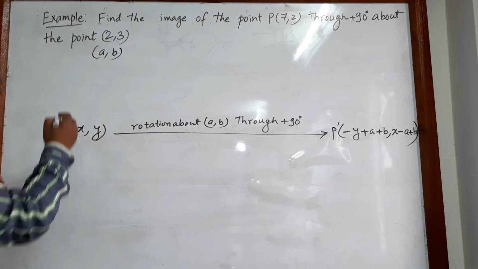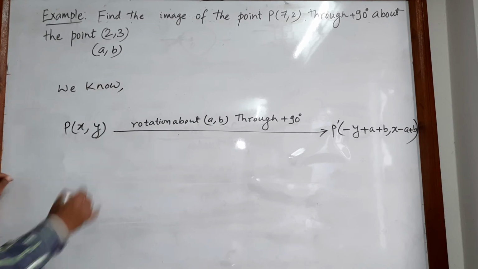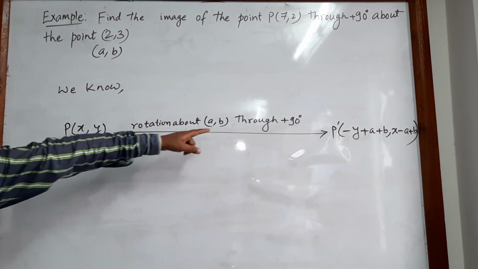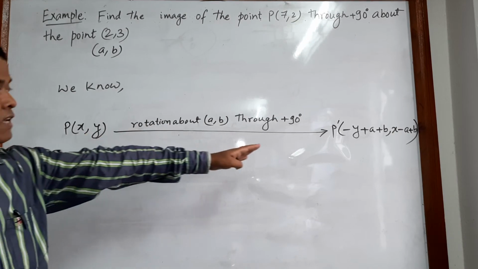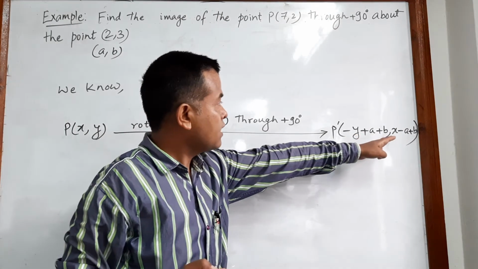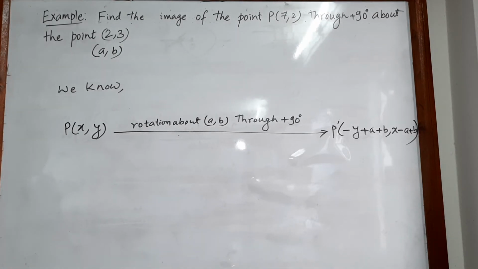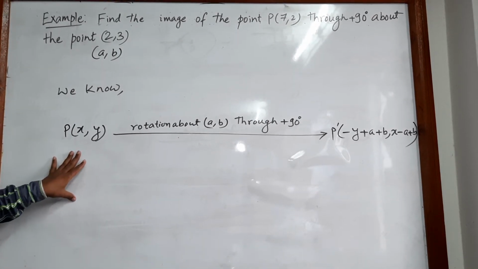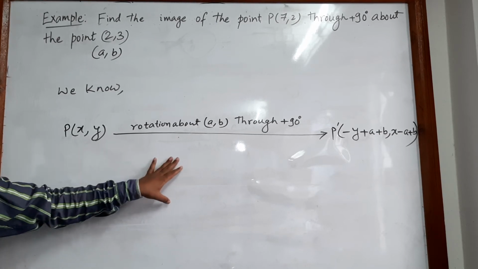So we know for rotation about AB through positive 90 degrees, P(x, y) has image P dash: minus y plus a plus b, x minus a plus b. To write this formula, we can follow the procedure of finding the formula, or the technique to remember the formula like before.